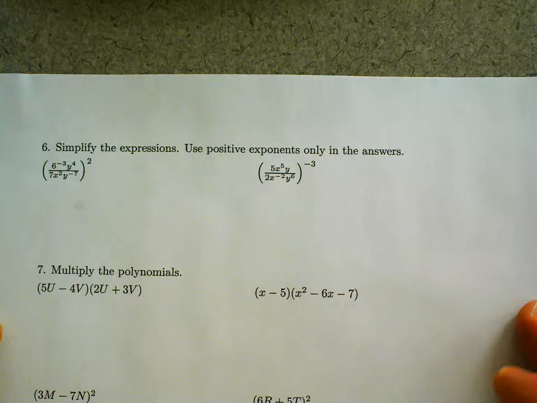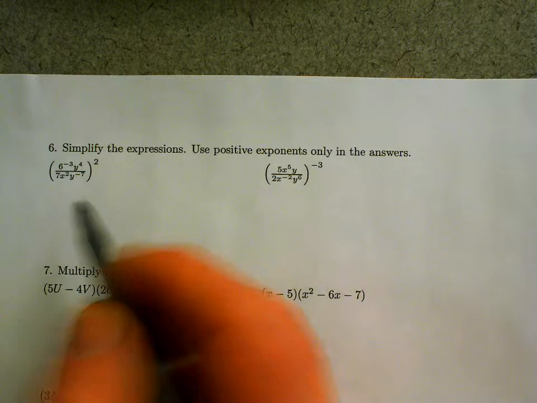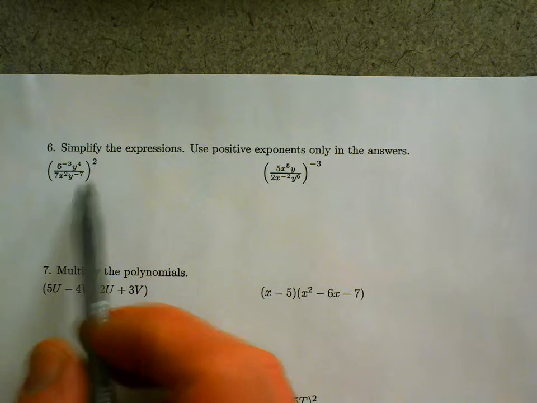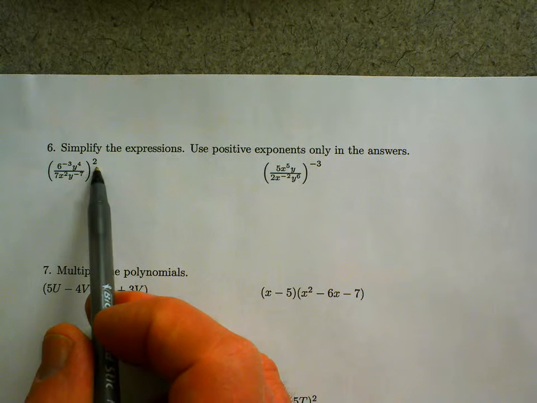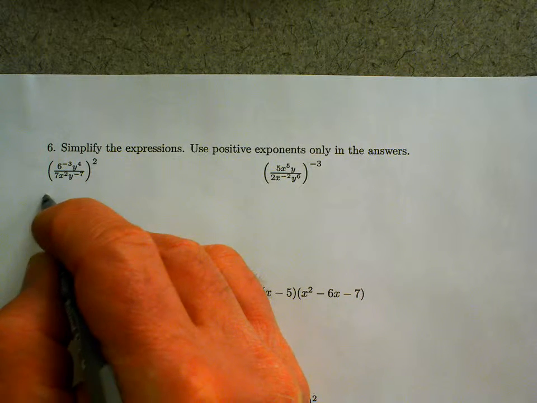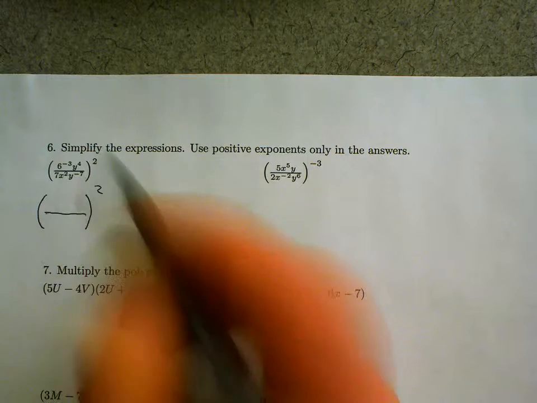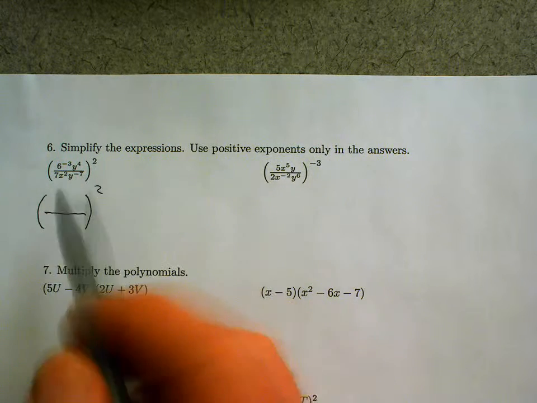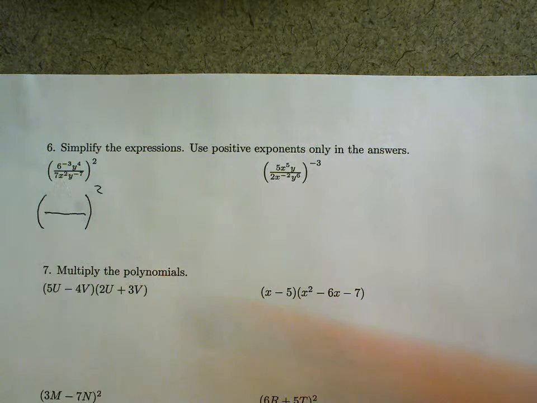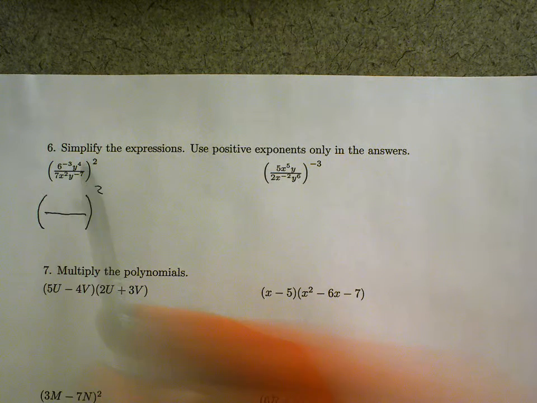Okay, so here we simplify expressions with exponents. The one on the upper left, before applying the outer exponent, let's simplify what's on the inside of the parentheses. So the numerator has a constant 6 to the -3, and y to the 4th.